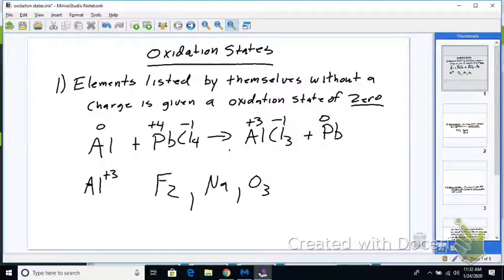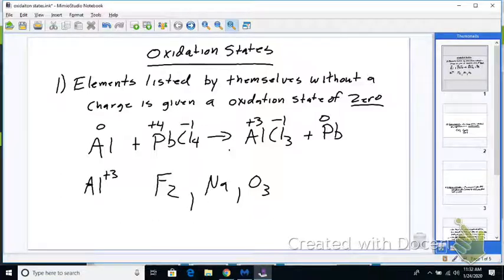You tell me, what happened to aluminum when it went from the left to the right side? It now is positive. How can atoms get to be positive? What do they have to do? Get rid of electrons.